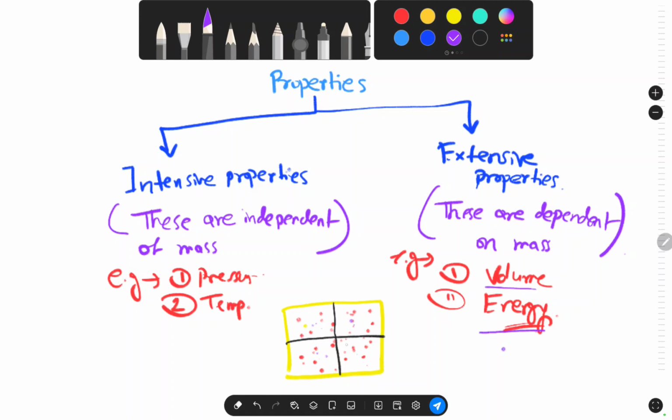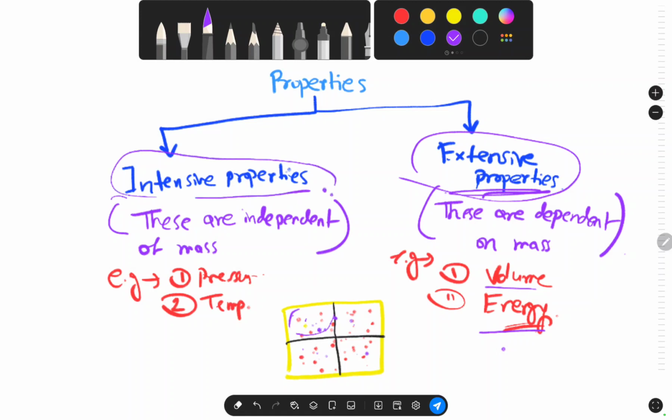The energy of this compartment may be different from this one, and the volume of the earlier system and the now divided system are completely different. That's why extensive properties are mass dependent and intensive properties are mass independent.